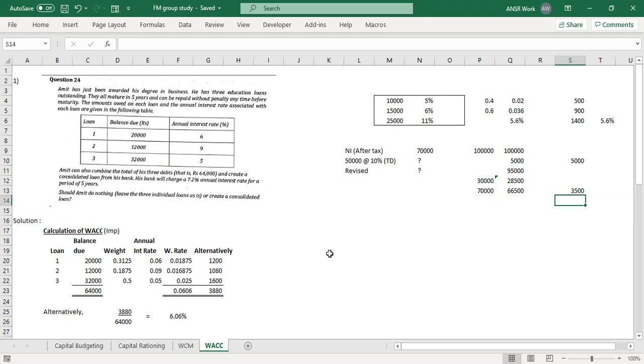So we have 70,000 as income. 5,000, the interest on 50,000 at 10%. And tax rate is 30%, right? Yeah, 30%. So what I will do is I say this slash 100.